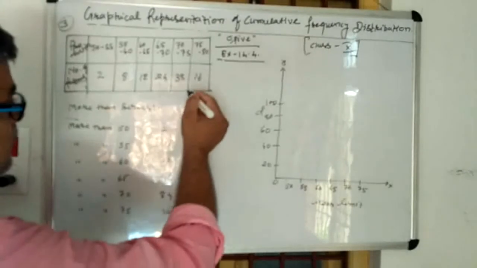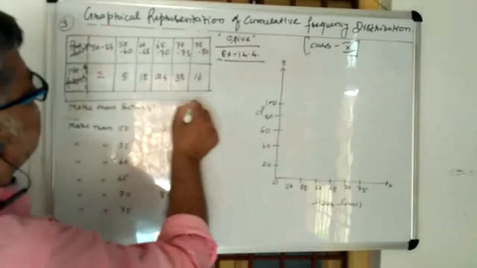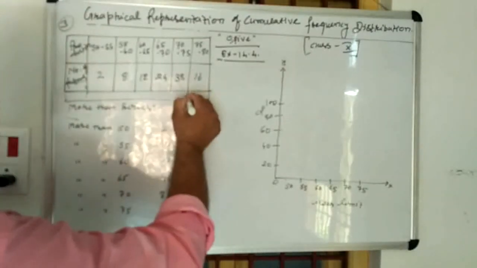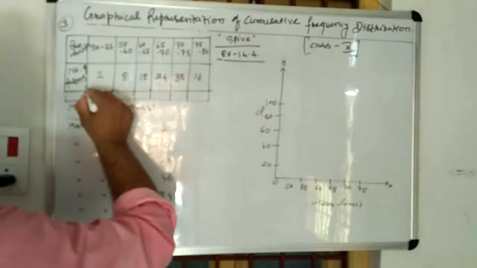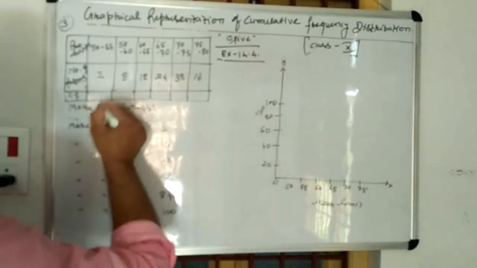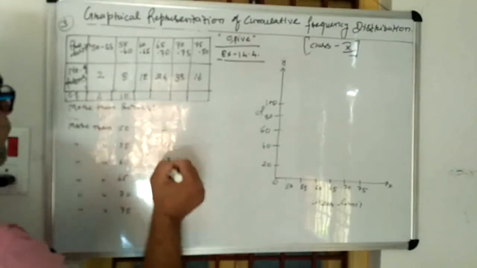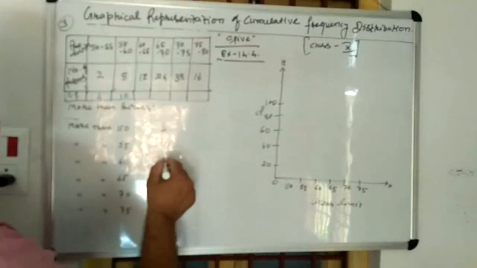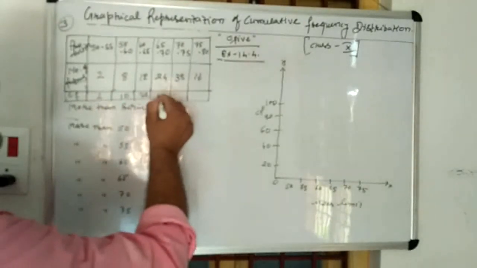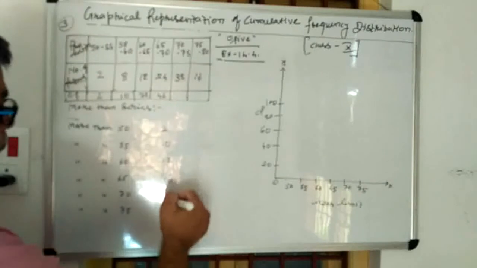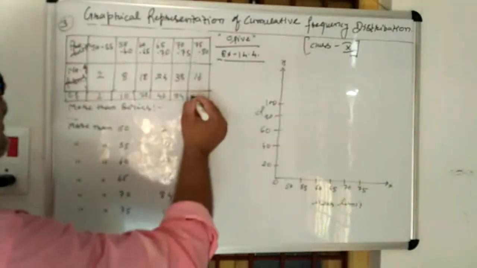This is your table. Now here you draw the cumulative frequency. First you create the cumulative frequency, CF. So the cumulative frequency will be 2, 10, 22, 46, 84 and 100.